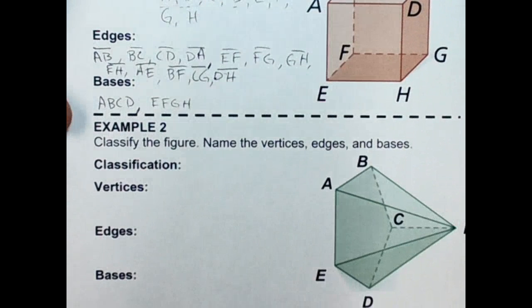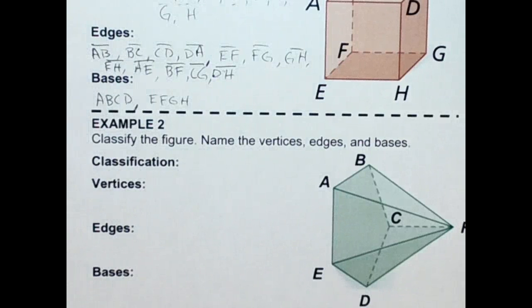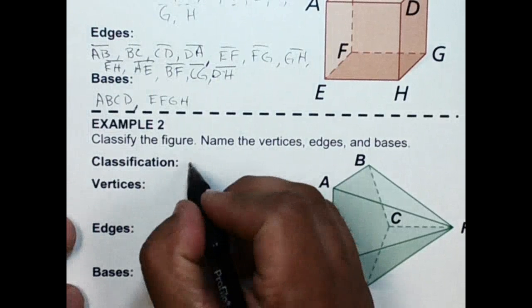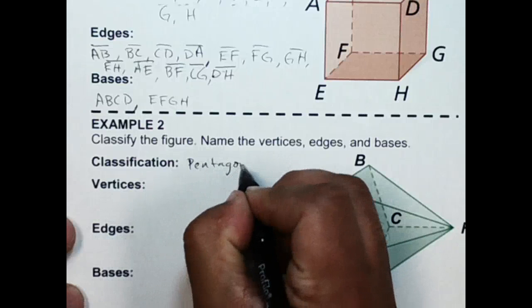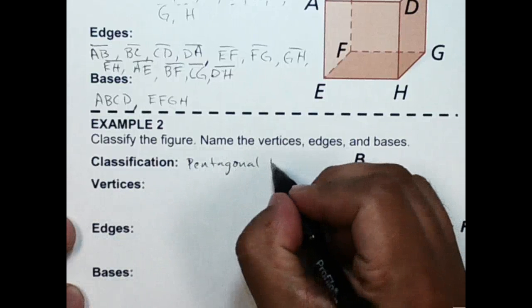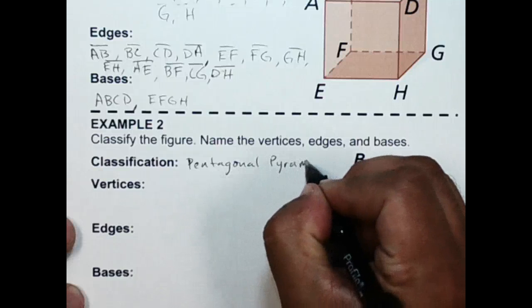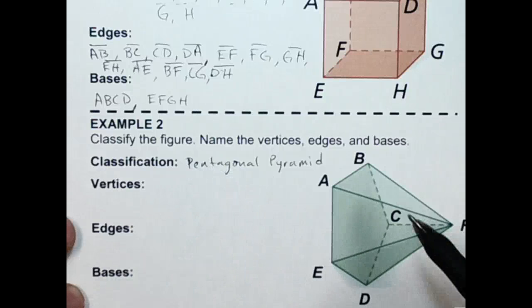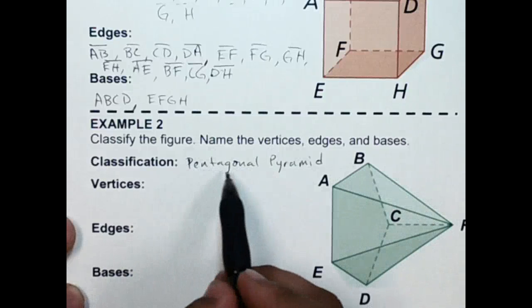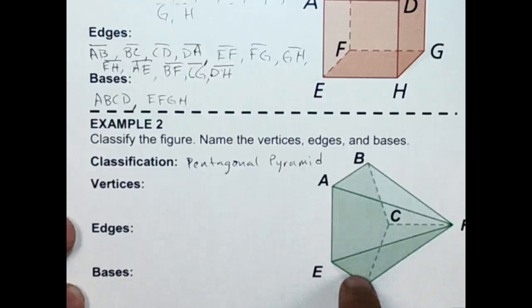I'm going to leave this one up for you, other than I'm going to give you the name. This one's actually a pentagonal pyramid. And remember, the pentagon gets the first part of the name because of the base. The base is a pentagon.